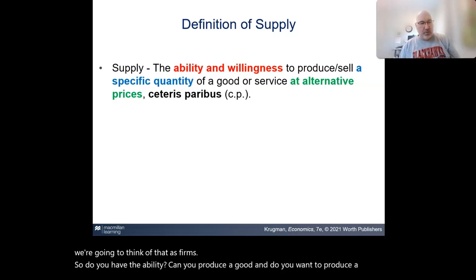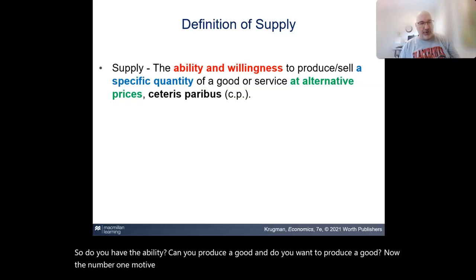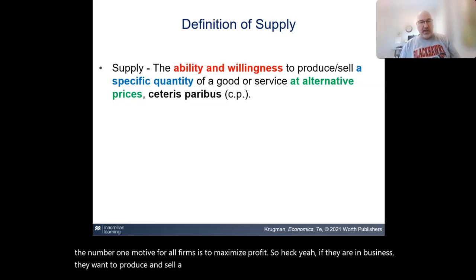The number one motive for all firms is to maximize profit. So, heck yeah, if they are in business, they want to produce and sell a good. The question really is more about ability.